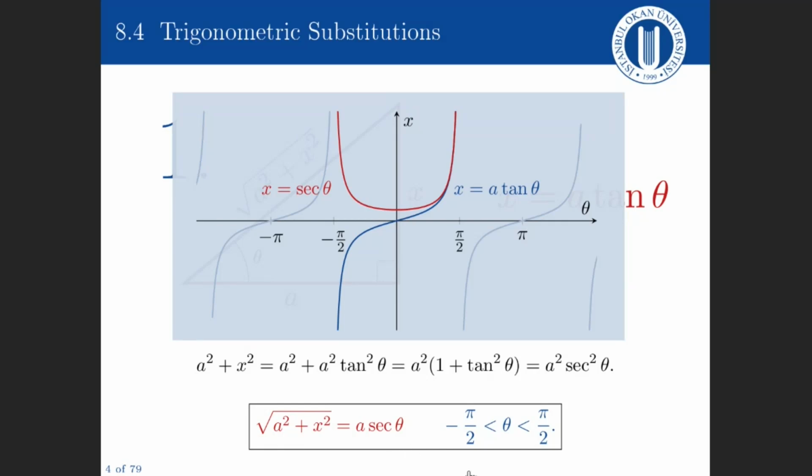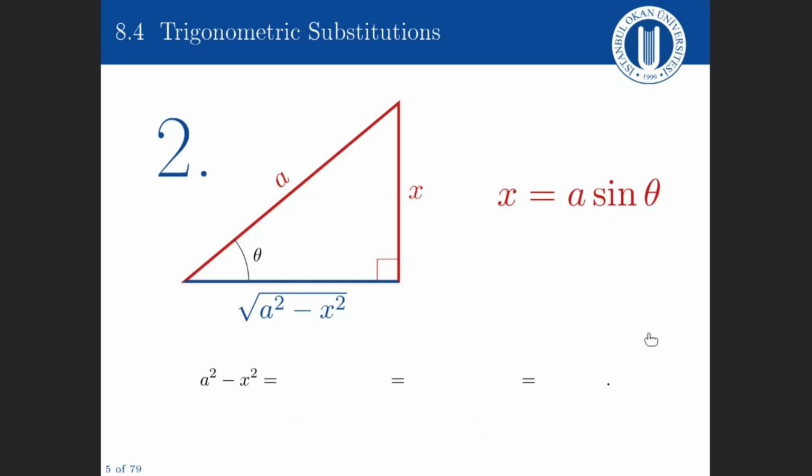Let's look at the second triangle. This time I choose the height and the hypotenuse. I'm calling these x and a. And then the blue side is just given by square root of a squared minus x squared. Here, x is equal to a sine theta.